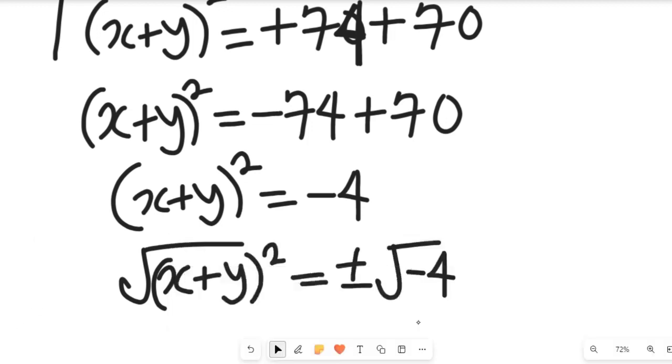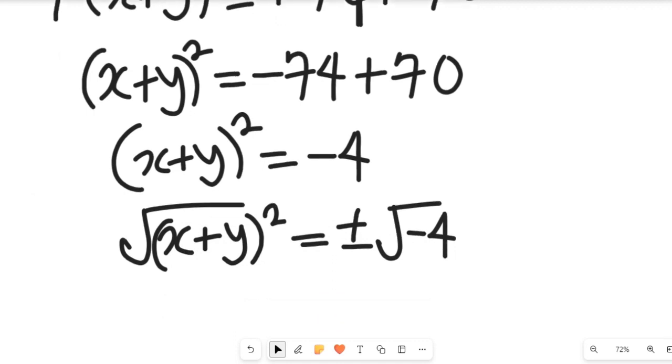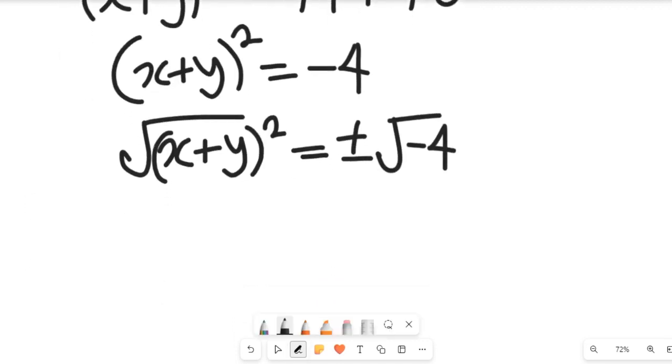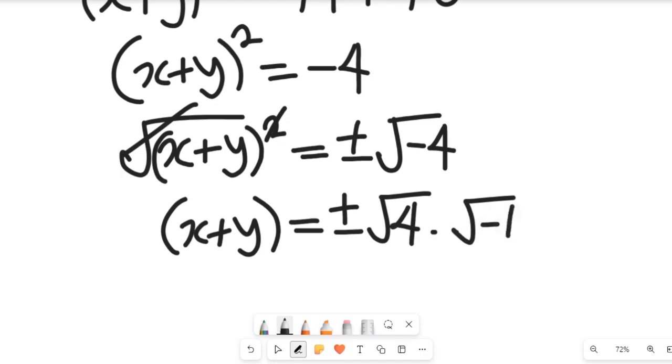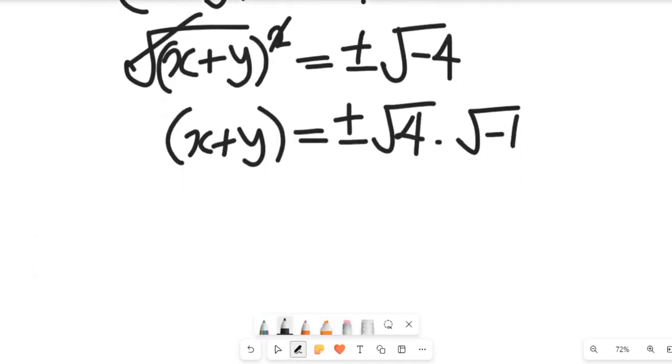And from that expression, x plus y is equal to, because this will clear this, plus or minus square root of 4 multiplied by negative 1, square root of negative 1. And recall, from the complex number, square root of negative 1 is equal to imaginary.